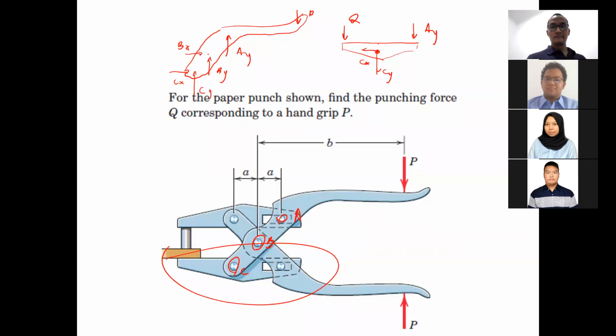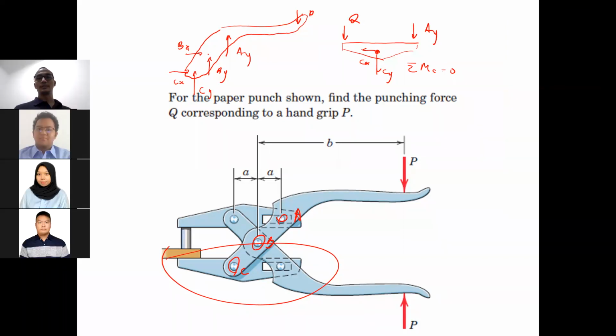Okay. Sigma moment at C equal to 0. Then what will we get in that case? AY times 2A. Later in this case, I will not solve it until the end. Okay. What we will get is AY in terms of Q.